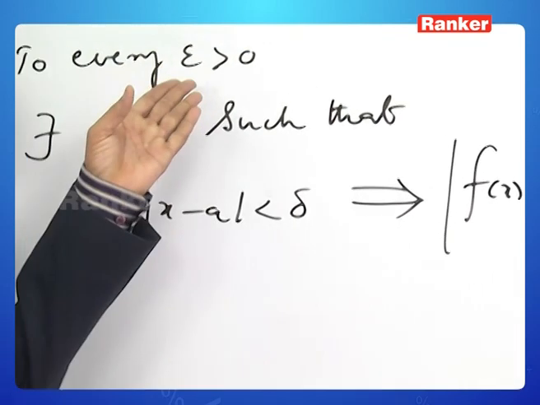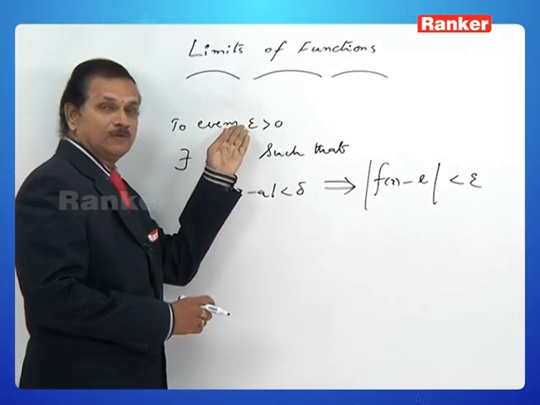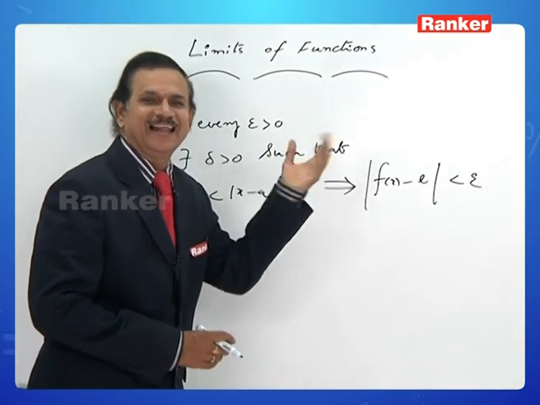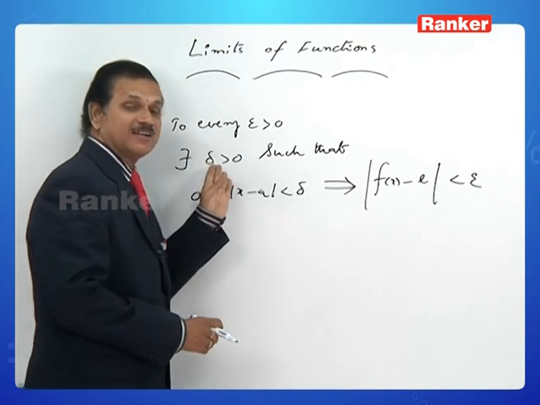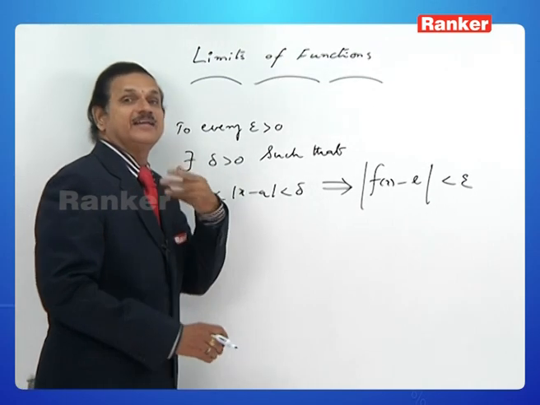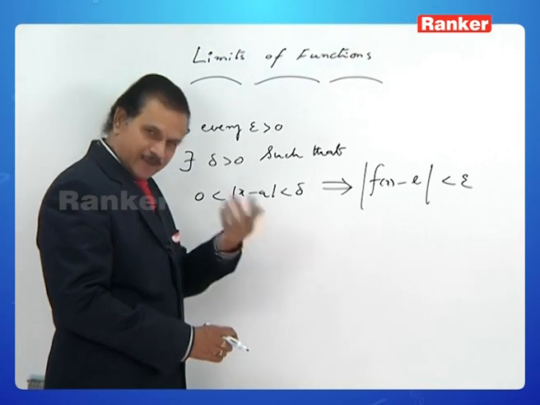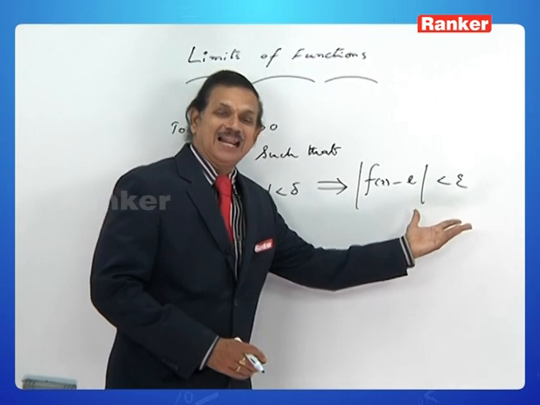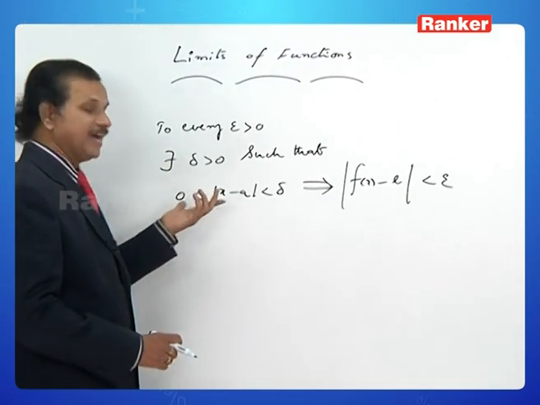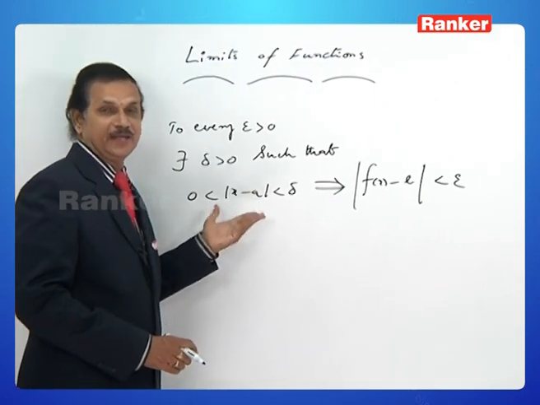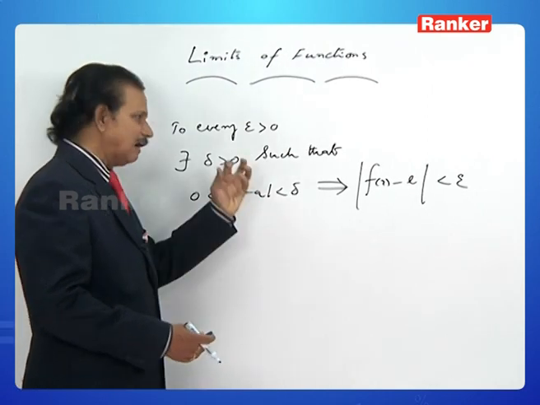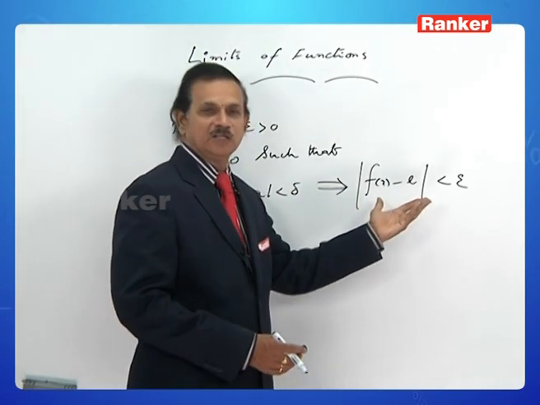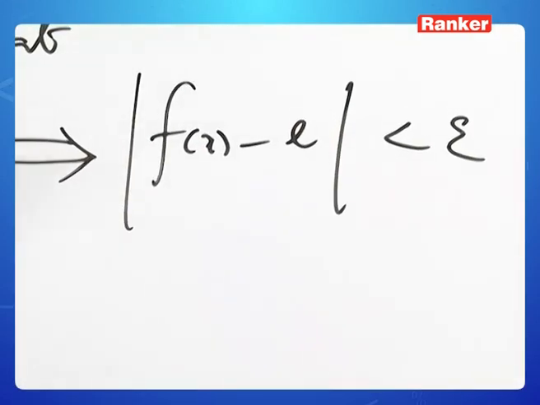What is the actual sense involved in 'to every epsilon greater than 0'? To every neighborhood around L, there exists delta, which means there is a neighborhood around A, corresponding to the size of the neighborhood around L. The size of the neighborhood around A must depend on it, such that for all those points x in this neighborhood, f of x will be in the neighborhood L minus epsilon to L plus epsilon.